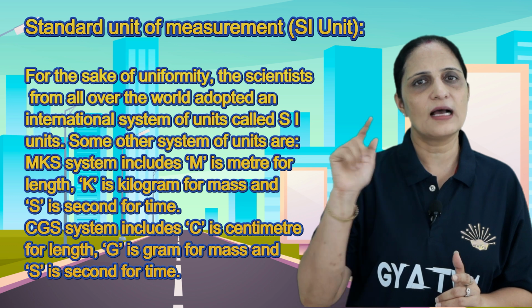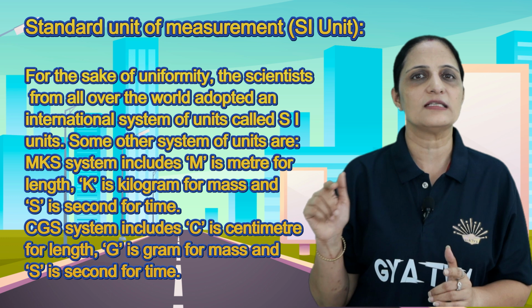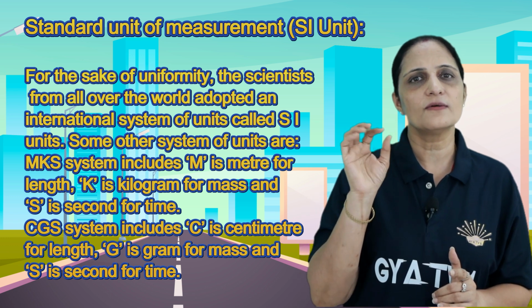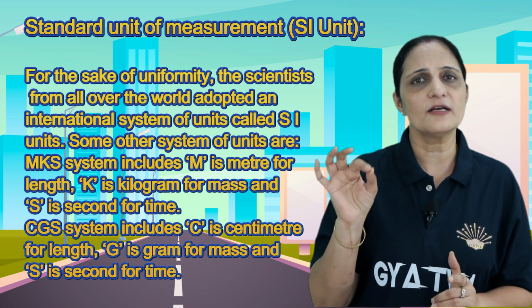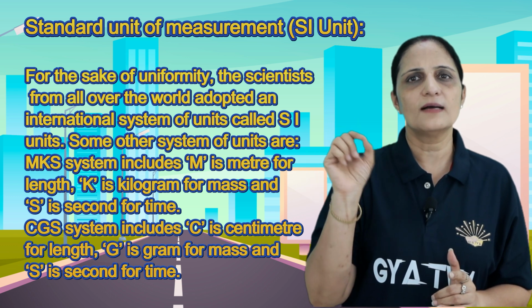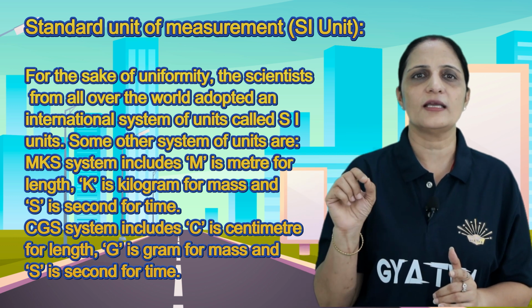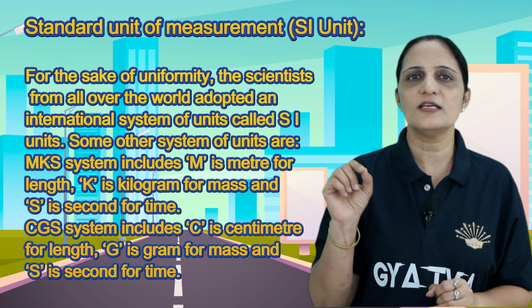S capital, I again capital, which means there are some other systems of units. MKS, where capital M stands for meter for length, capital K for kilogram, which is for mass, and S, that is second for time. Then we have CGS.